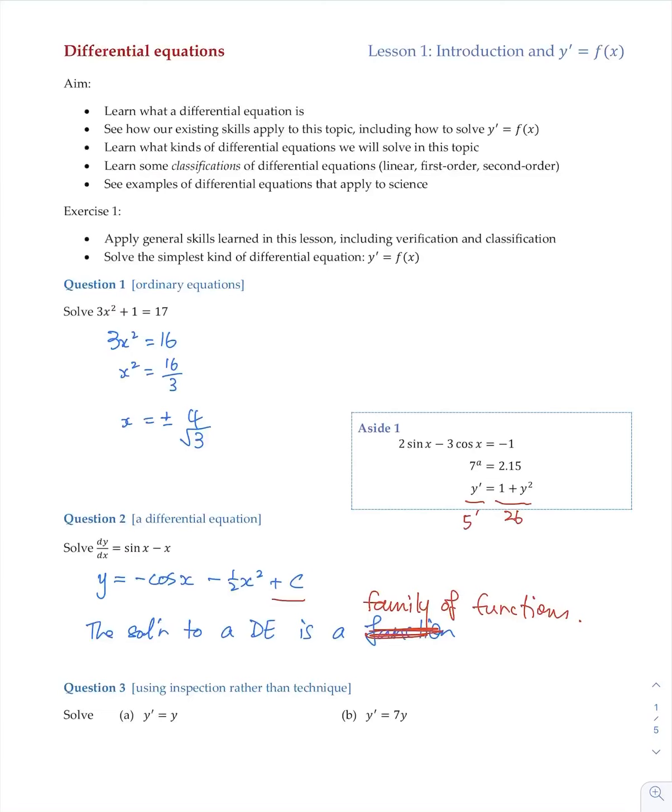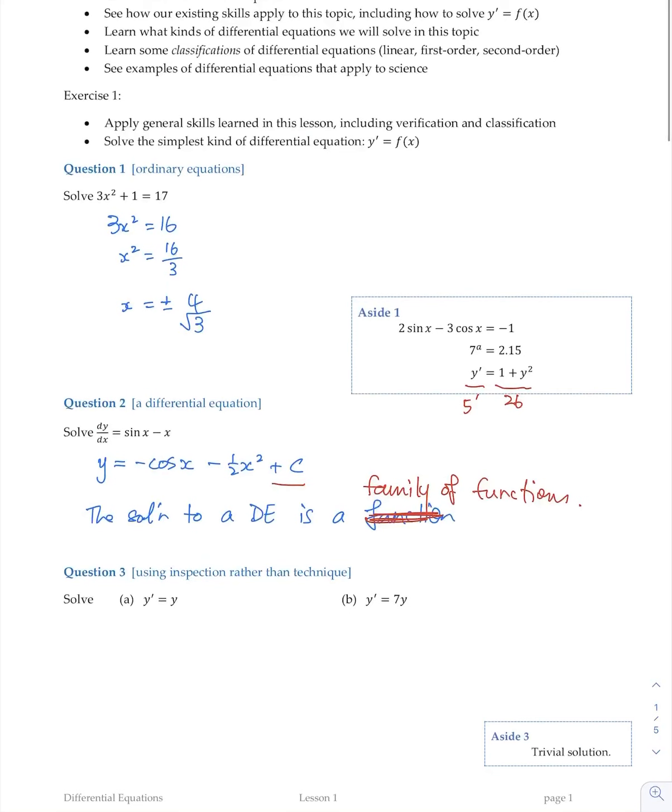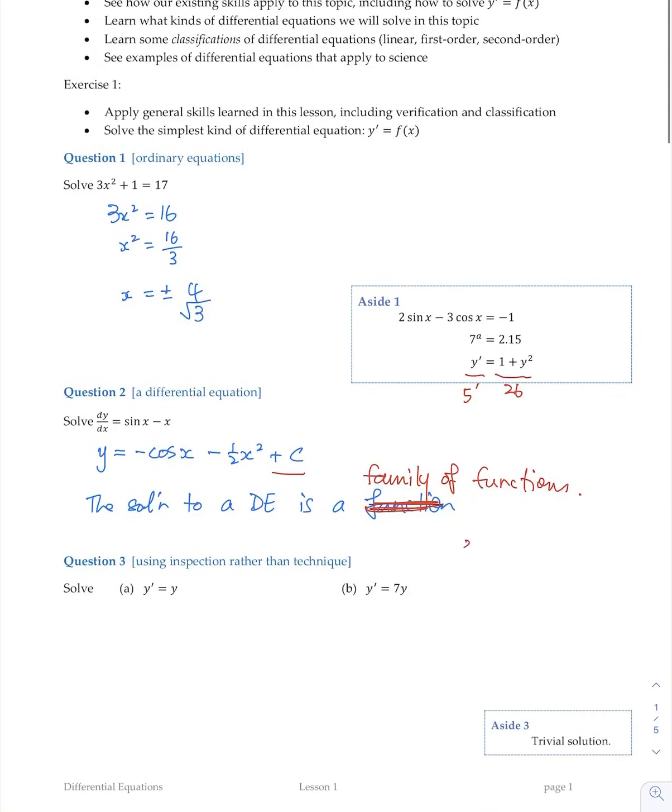It could be quite a distinctive family of functions. Okay, so question 3. Oh, and of course, if we have more information, like an initial value or any value, if we know something like x equals 4, y equals 7, if those two values go together, then we can find c and we can make it a specific function instead of a family of functions.